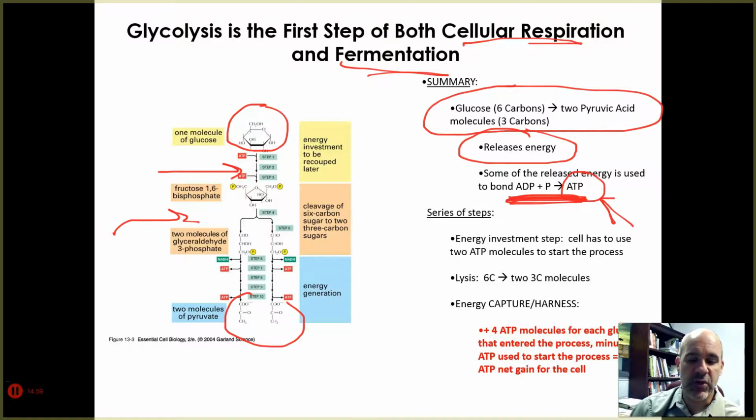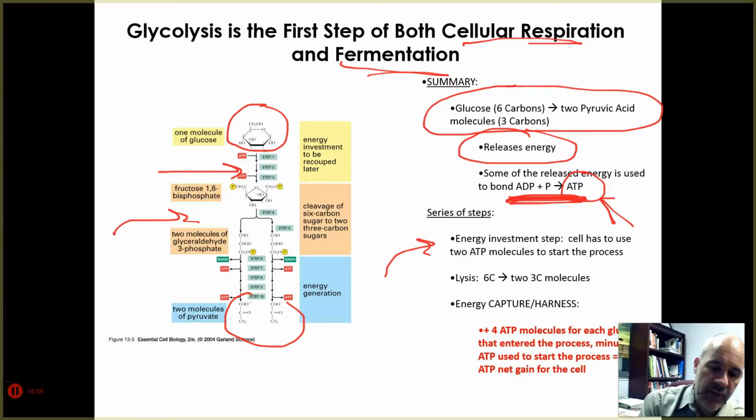And what that means is you actually burn through, for every glucose molecule that enters glycolysis, 2 ATPs will be broken apart. So those ATPs will be converted to ADP and phosphate. That's releasing energy that is used to get this process started, get glycolysis underway.